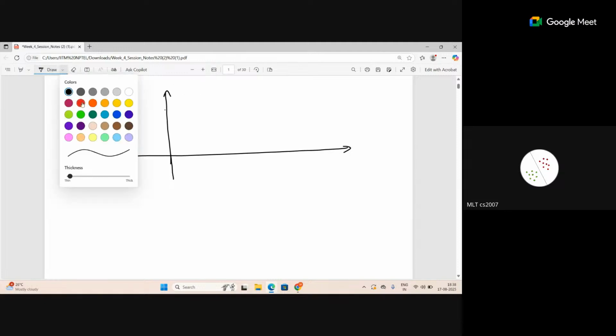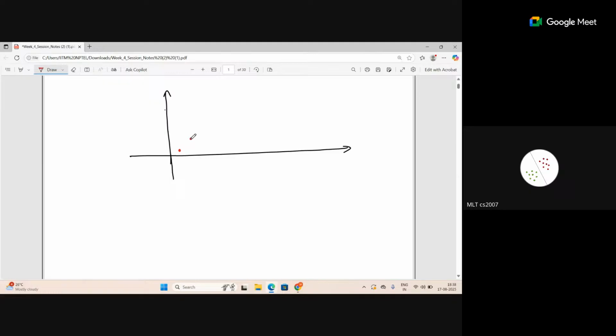Now consider this data set. Let's say it's a data set I'm drawing. If this is the data set I'm having, what do you think in this case the good model will be?